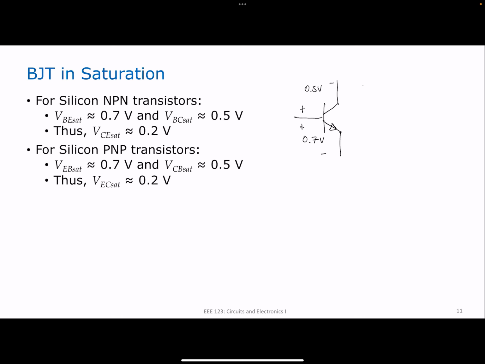If I wanted now to get this voltage, which is VCE SAT, if I apply KVL, VCE SAT will be equal to VBE SAT minus VBC SAT. Remember, VBE SAT is 0.7, and VBC SAT is equal to 0.5. And what is this going to be? This is going to be 0.7 minus 0.5, or 0.2 volts.